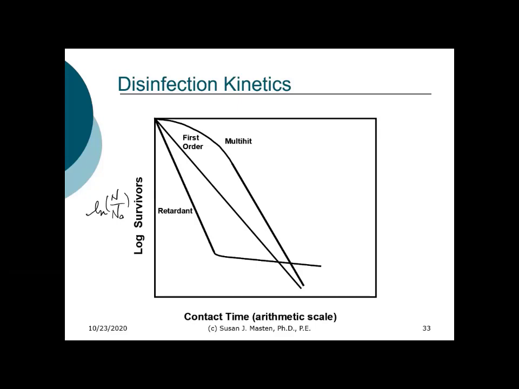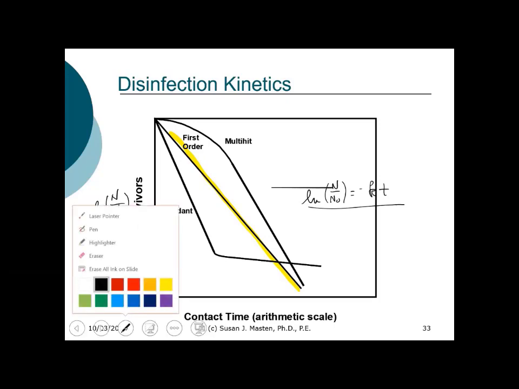And what you see is the yellow line is our first order decay. So that is just ln of N over N naught is equal to minus KT. So that's the first order. What we observe, though, is that that is often not the case.